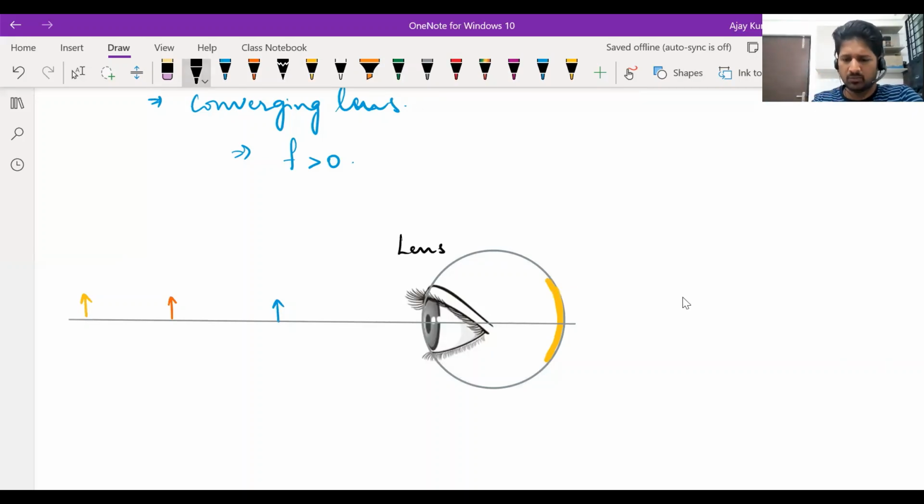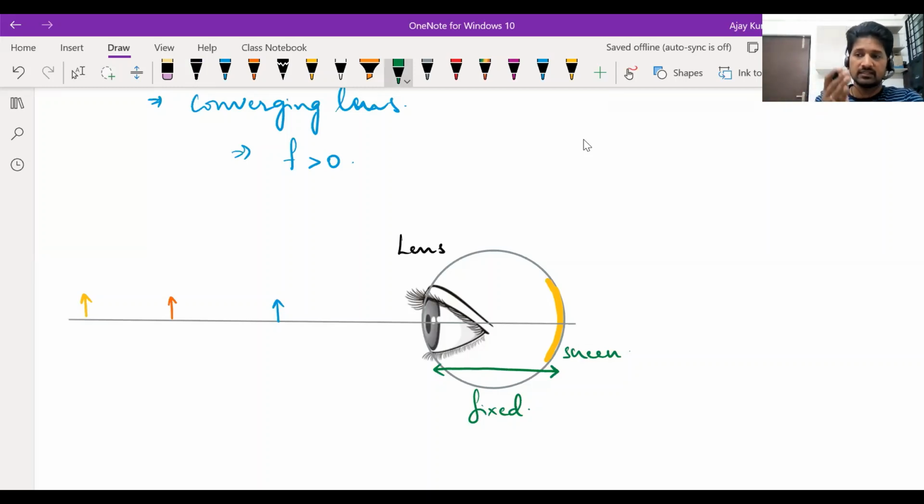You can see where the lens is. And the size of the eyeball is fixed. Right? Now, if the size of the eyeball is fixed, it means the distance from the lens to the retina is fixed. Retina basically is like a screen for us. And you want to be able to see clearly, the image must form on the retina, right?